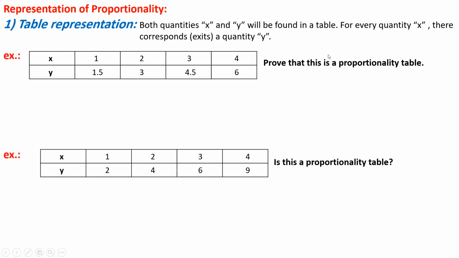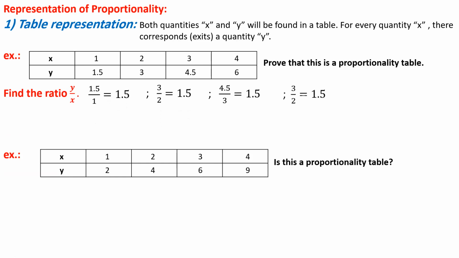Prove that this table is a proportionality table. How should I start? I should get each ratio y over x. So I get 1.5 over 1 equal 1.5. 3 over 2 is also equal to 1.5. 4.5 over 3 is also equal to 1.5. 6 over 4, which is 3 over 2, is also equal to 1.5.